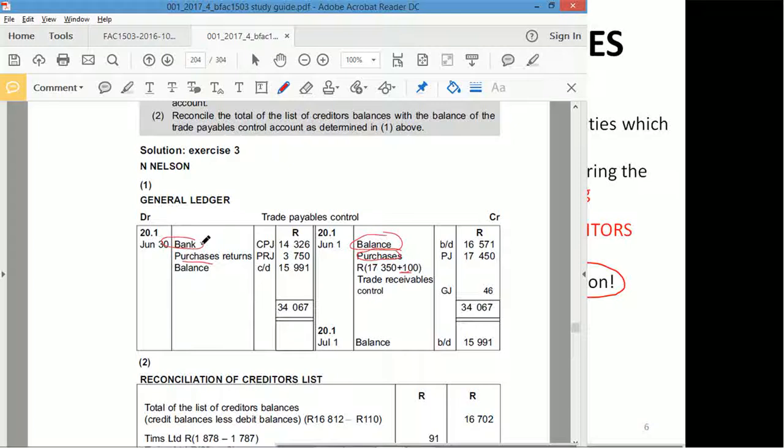Discount allowed or received? Good. And if you're receiving a discount, will that increase or decrease your creditors? It would decrease it. Good. So you could see a discount received here. It's possible.